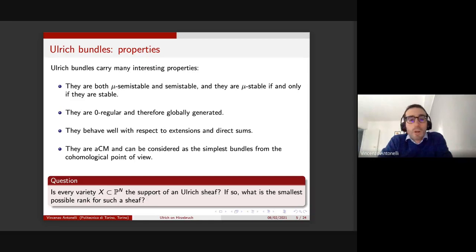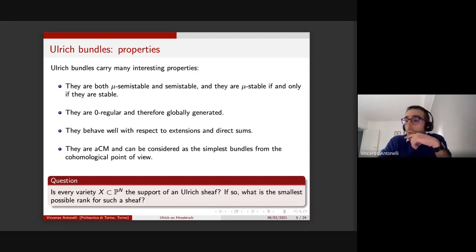So we don't have a general answer to these questions. We know that curves admit Ulrich line bundles, but as soon as you make a step forward, so you increase the dimension and you consider surfaces, you don't have a general answer to these questions. Although there are a lot of scattered results, I would say.